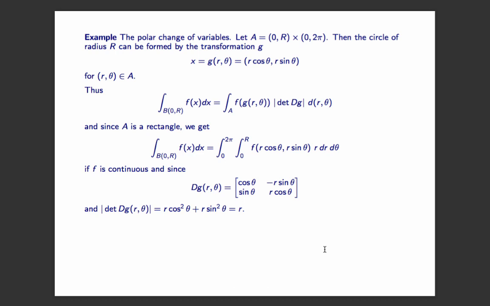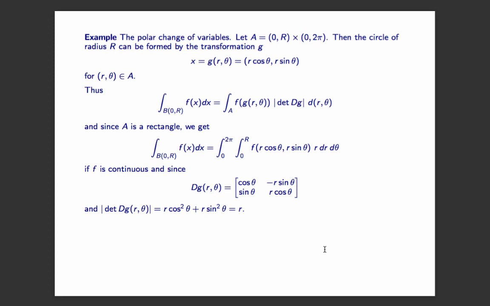Now, since A is a rectangle, the integral over A can be viewed as a double integral, so long as f is continuous, of f of r cosine theta and r sine theta times r dr d theta.